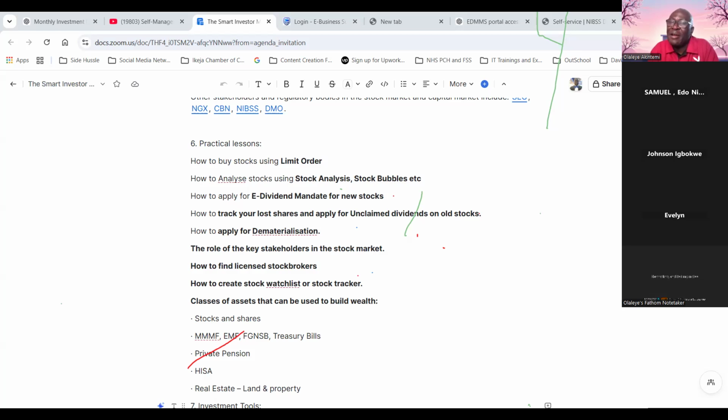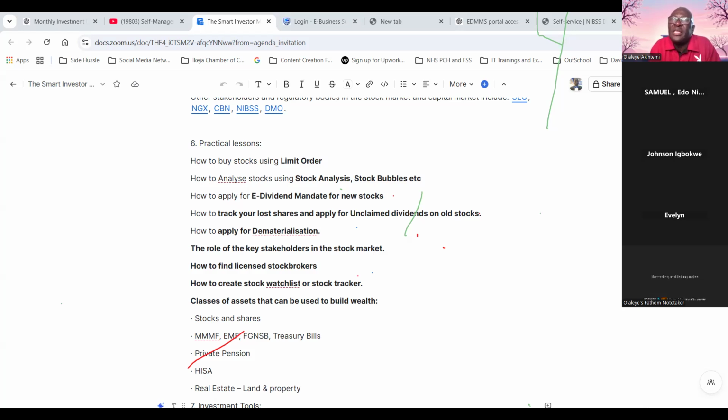Once they send the money to their registrar, that money does not go back to the company. So let's say, for example, Okomu declares dividend, and they send it to their registrar, whatever amount it is, whether it is 1 billion naira or whatever. So Okomu has done their own part.